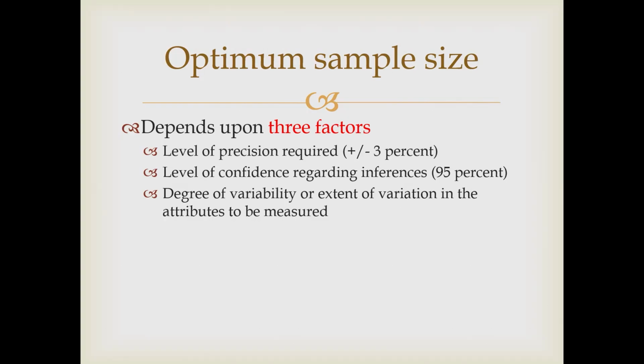At least 95%, so we want at least 90%, 95%, 99%. The researcher can decide the precision level. The confidence level, the researcher can decide. Conventionally, we take 95%. That means out of 100 cases, in 95 cases, the estimate will be true.